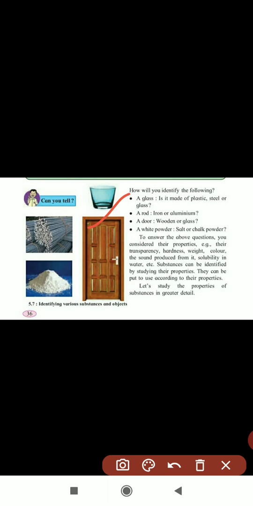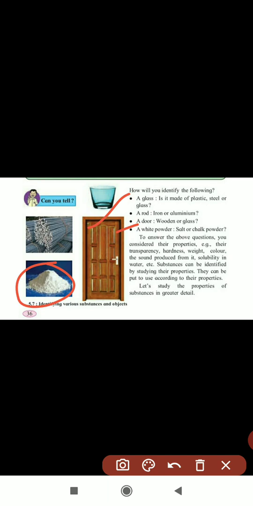Yes, children. Again, the last one, a white powder. A white powder is salt or chalk powder. The white powder shown in the figure is chalk powder. To tell salt from chalk, perform a small experiment.